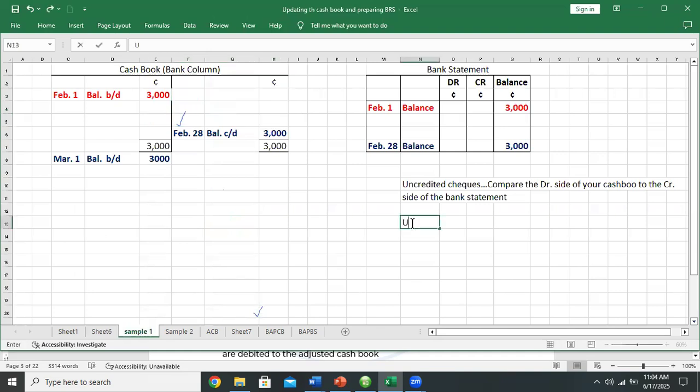Okay, so what I want you to appreciate is that when you are looking for your uncredited checks, you compare the debit side of your cash book to the credit side of your bank statement. Please remember this, and you will find it easy when you are solving some illustrations.